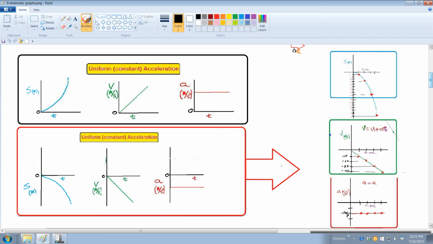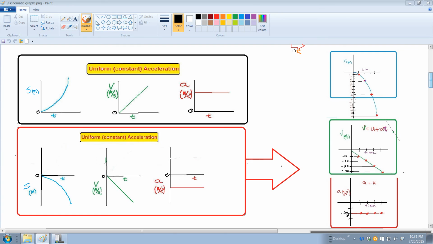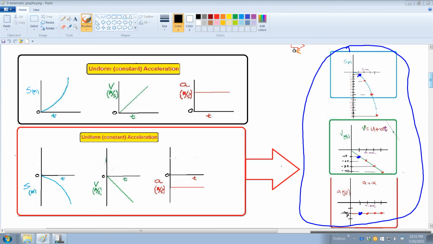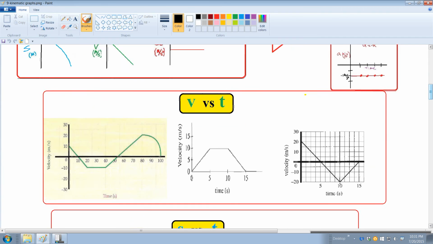And it's often good to put the three graphs, the triplets of graphs, A versus T, V versus T, and S versus T, vertically, so that you can see contemporaneously what's going on at each of the graphs in a more convenient way. You can really get a sense of what's going on with all of these at the same time, and this will really help you understand kinematics when you get practice with this.